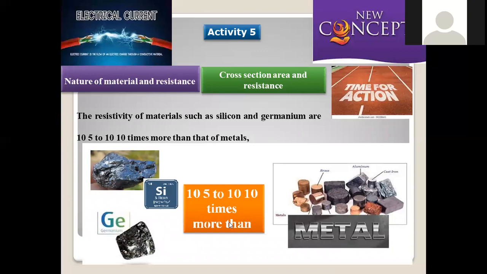Now we are introducing the term called semiconducting materials. The resistivity of these materials is up to 10 to the power 10. This is not very high, just like normal insulators.